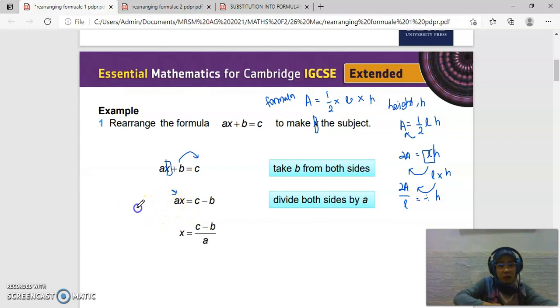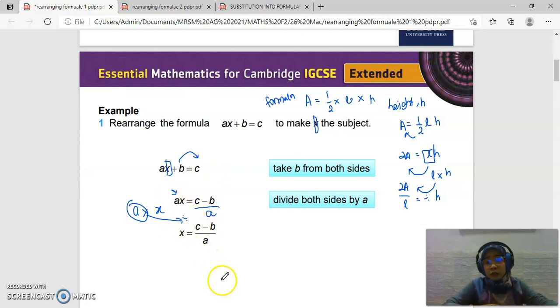The operation involved is a times x. Once you bring it to the other side, it would be the reverse of multiplication, which is division. So a goes to the other side as division. That's why it is c minus b over a. Everything on the other side will be divided by a. If there are 5 terms, every term will be divided by a.